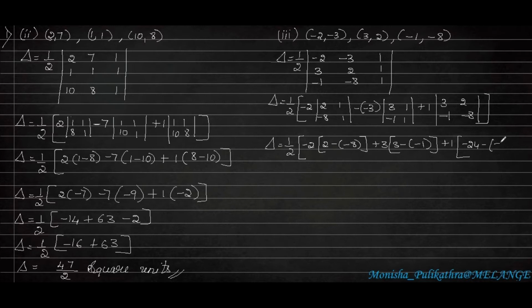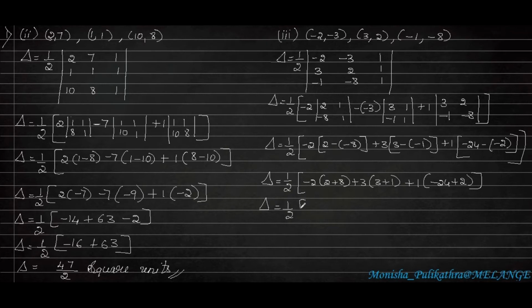Minus 2 into minus 1, minus 2. Half into minus 2. Here 2 minus into minus is plus. So 2 plus 8 plus 3. Here 3 plus 1 plus 1. This will be minus 24 plus 2.